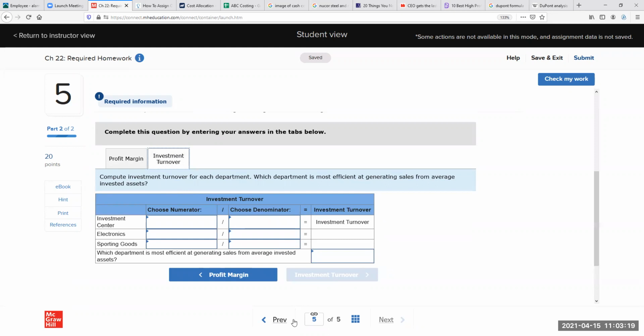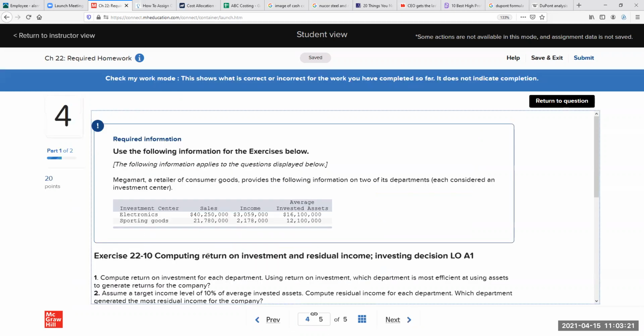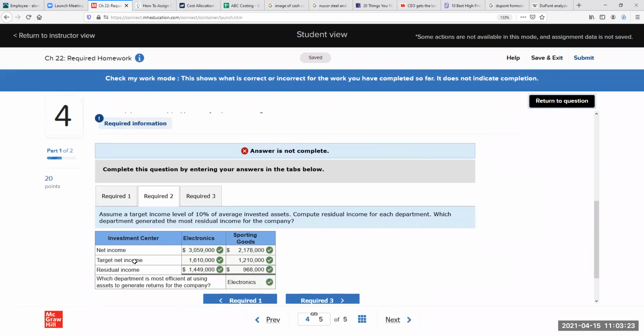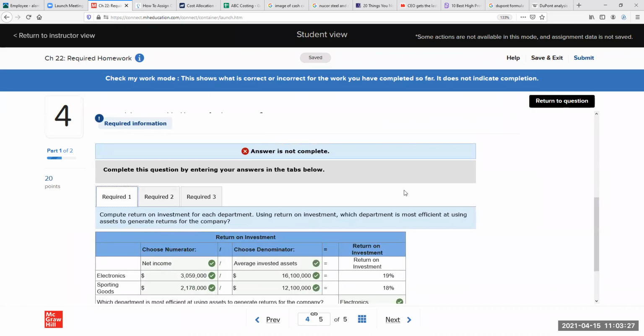Now, before we do this, we're going back to 4. Look what they asked you for. Return on investment. And this is really assets. In a way, it's a little bit of a return on assets too. Income divided by your assets.